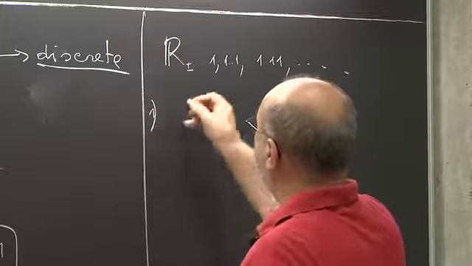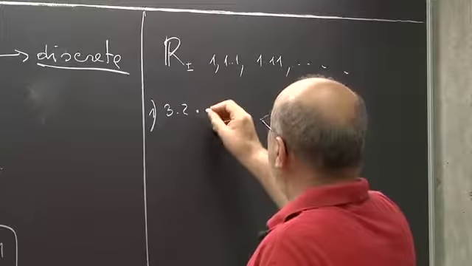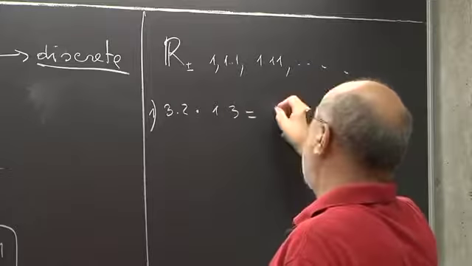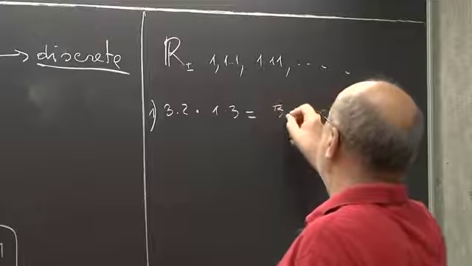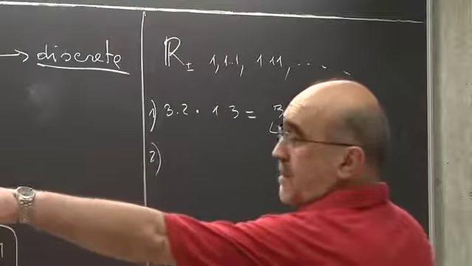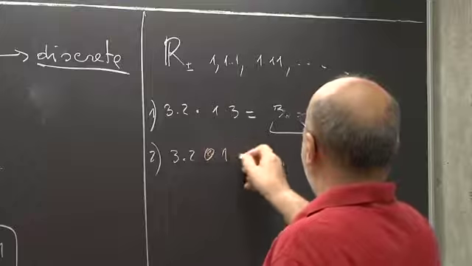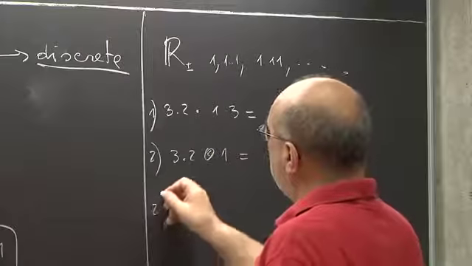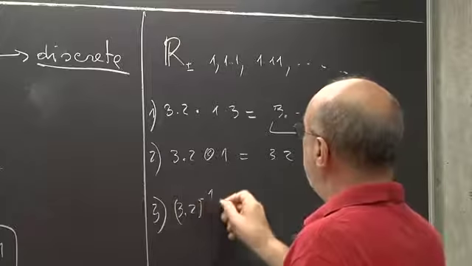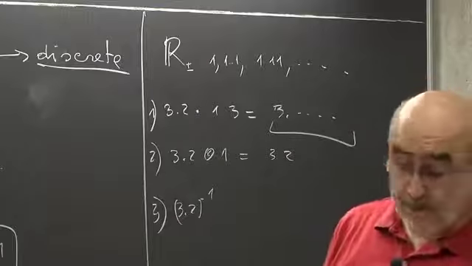So the first property, let's take two real numbers, 3.2 dot 1.3 is equal, I don't know, 3 point something, and this is a real number, okay? Second, there is the identity, yes, it is 1, and in fact it gives me 1. Third property, there is the inverse, yes, 3.2 to the minus 1 is the inverse. So also the real numbers have a group structure.